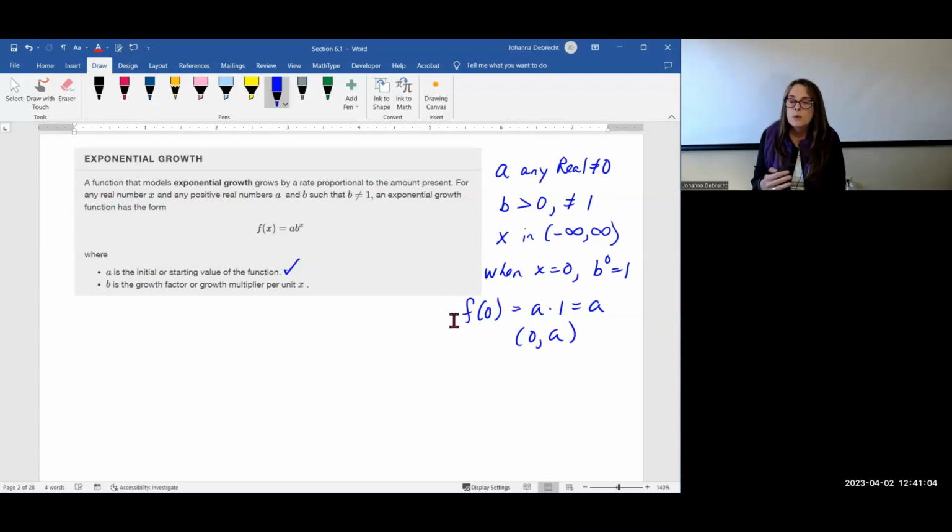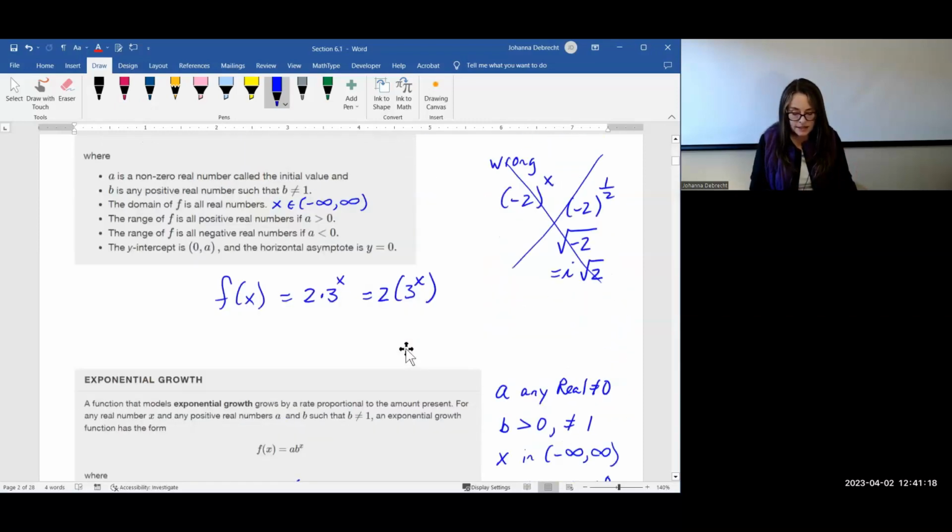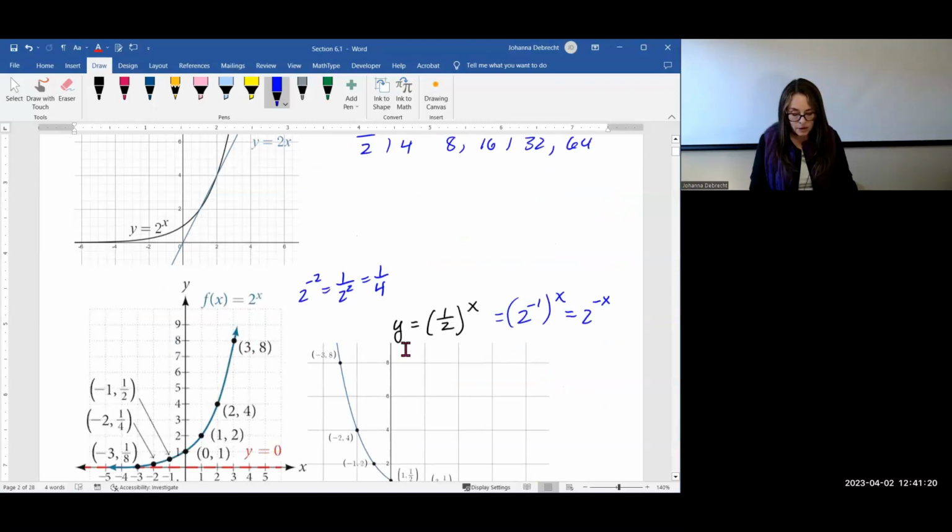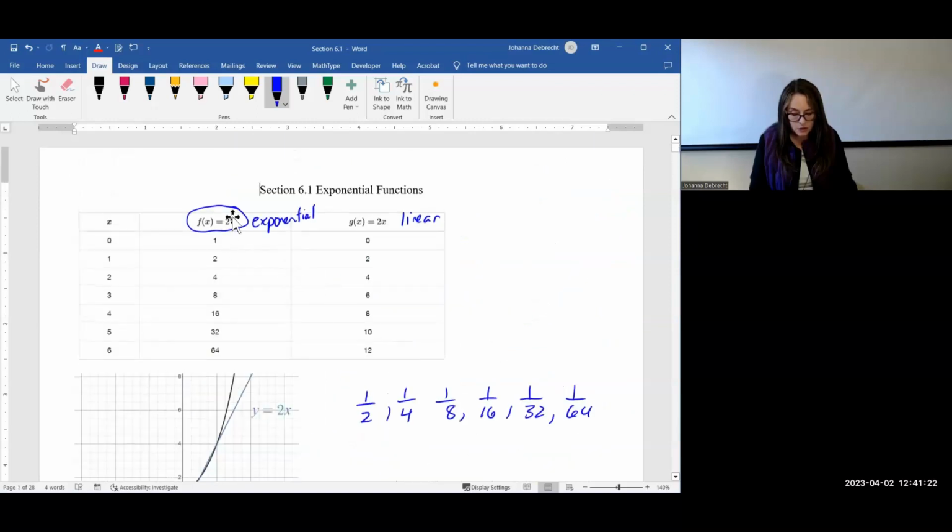We tend to call whenever the independent variable is 0, the initial value, the starting point. b is actually the amount we're growing by. It's the growth factor, the growth multiplier per unit of x. Let's look back up here at our table. Notice that we have this power 2 raised to the x power.